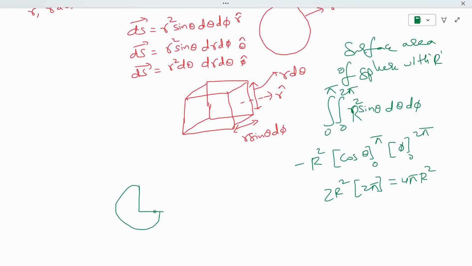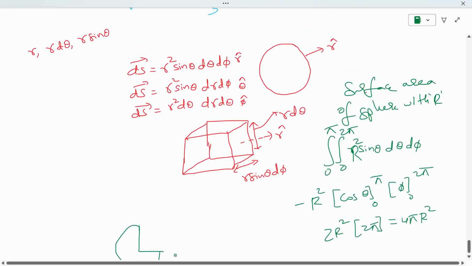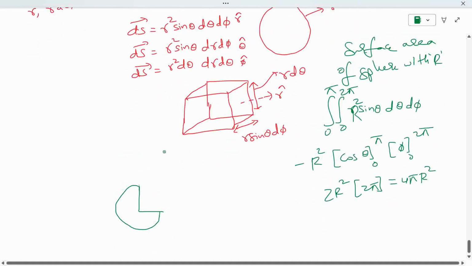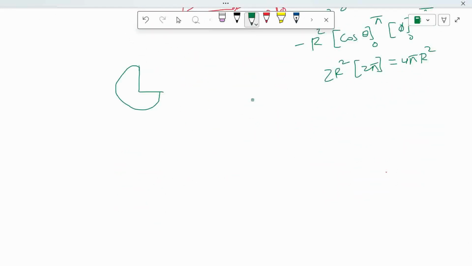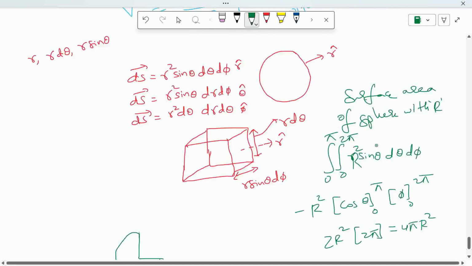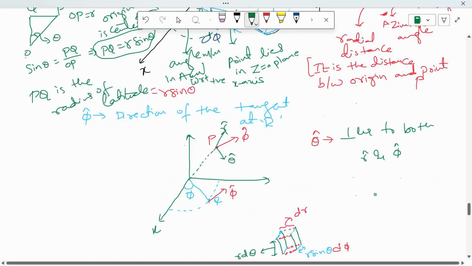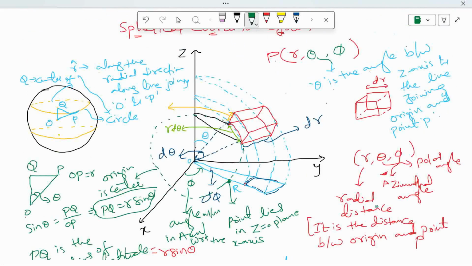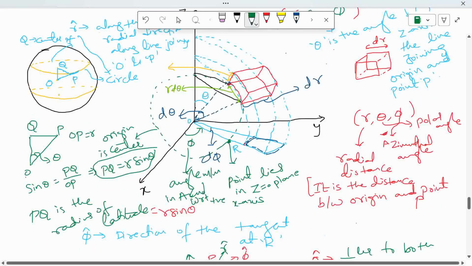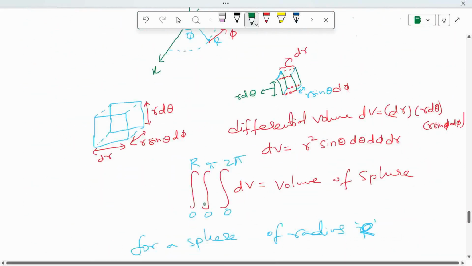Sometimes you also can consider the symmetry, etc. But if you are familiar with the coordinates, you can apply the limits properly. So this is how spherical coordinates are important. You just have to practice more problems and see how to apply the coordinates, then it will be easier. So please practice more problems.